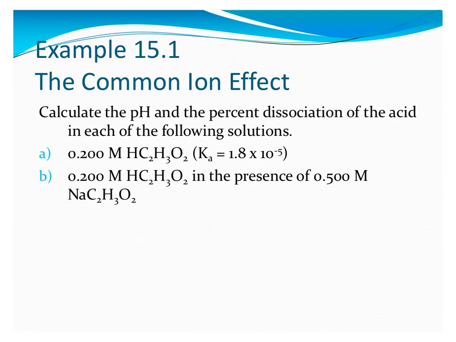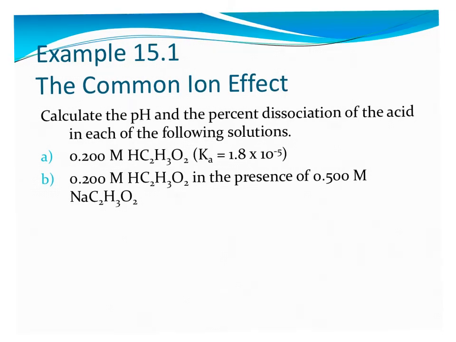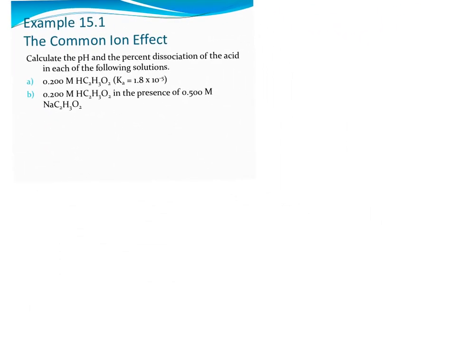Okay, the first thing we need to see here is sodium acetate. If we get our same balanced equation ready, we still have the weak acid dissociating, but we notice that the sodium acetate has an acetate ion in it.